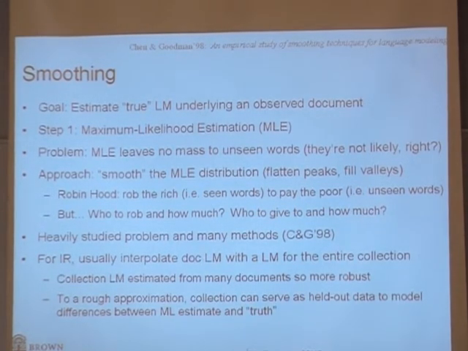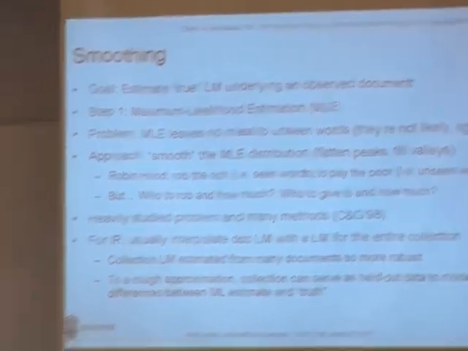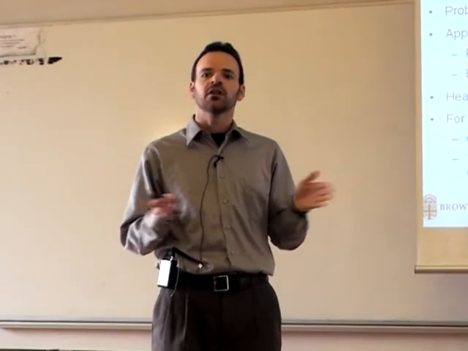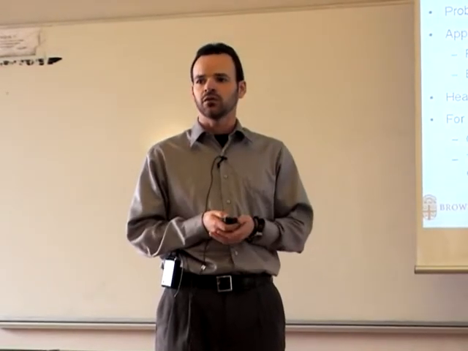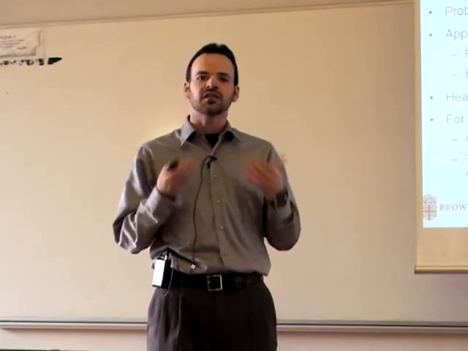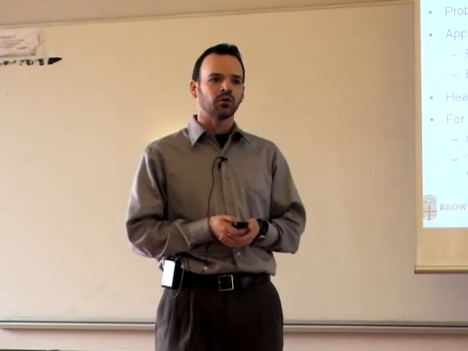Now, for information retrieval, what we usually do is interpolate the language model for the document with the language model for the entire collection. Imagine you just concatenate all the documents in the collection together and construct one language model over them. So you have a much larger sample, and you can estimate the distribution much more robustly.